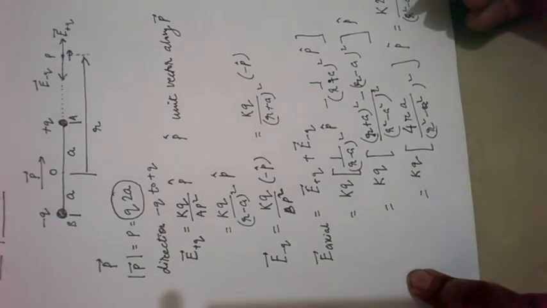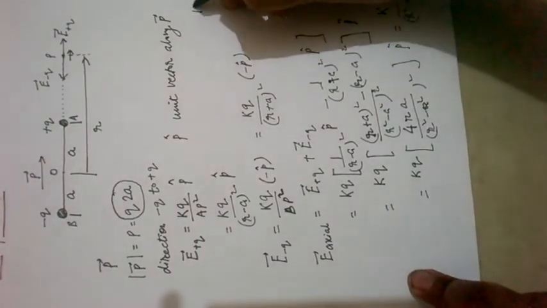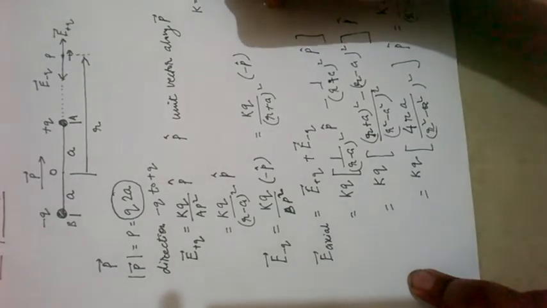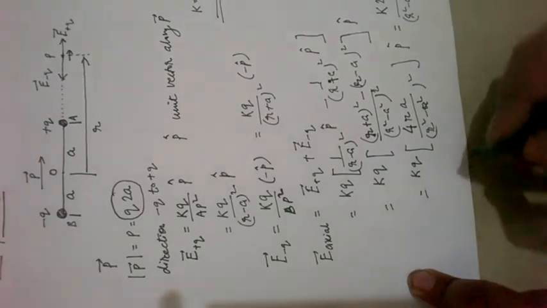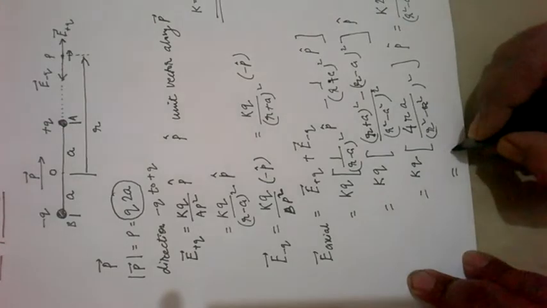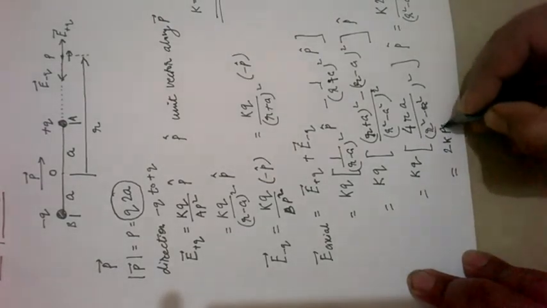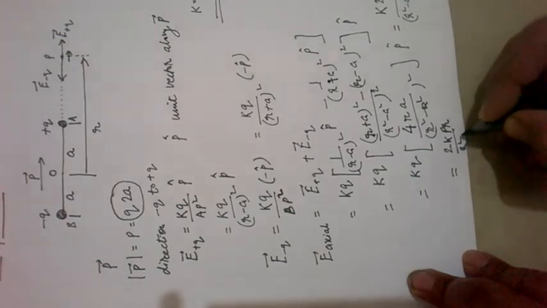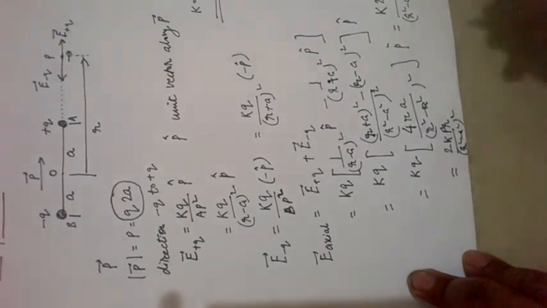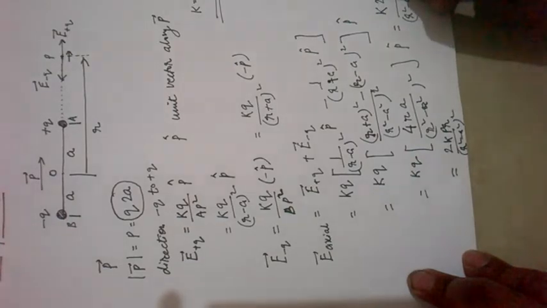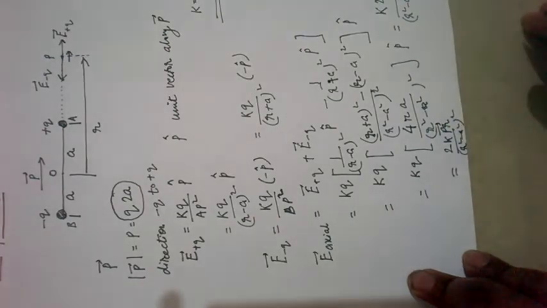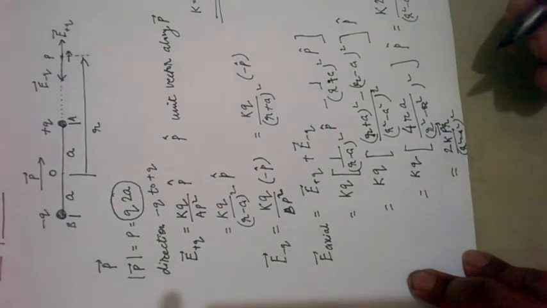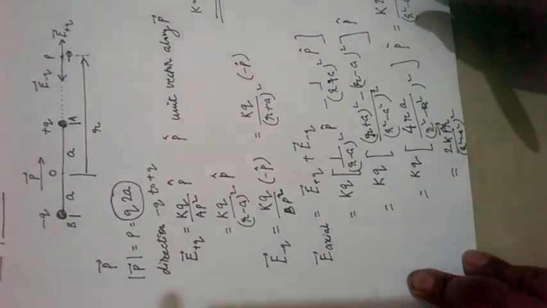In this expression, K is 1 by 4 pi epsilon 0, which is 9 into 10 to the power 9. So finally we get 2 k p r upon r squared minus a squared, whole squared. Now this p into P cap is the magnitude and direction of the dipole moment, so you can put this as the P vector. This is the electric field expression at the axial position due to an electric dipole.